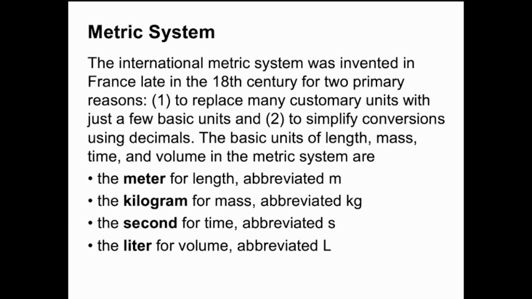So the metric system is based on factors of 10. Instead of worrying about 2.35 of this is equal to 1.78 of this, it's all based on tens. So that makes everything so much easier because it follows the same pattern no matter what unit you're using.